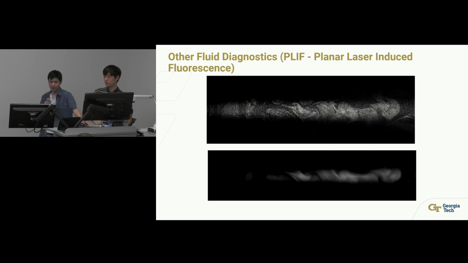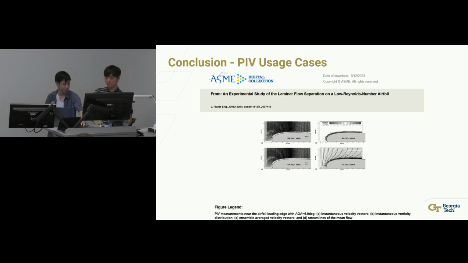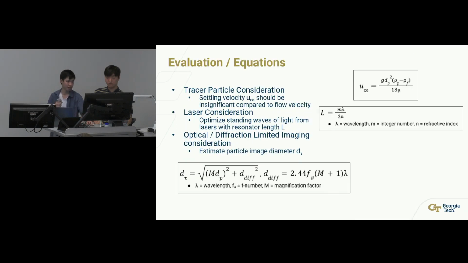I would say it definitely depends on that settling velocity. I'm going to jump back a couple slides to those equations and break this equation down a little bit. It is how the particle itself interacts with the flow velocity. So in this equation here, which is U infinity, described in this case as settling velocity, we're comparing the diameter of the particle and the density of the particle to the density of the fluid and the viscosity of the fluid.